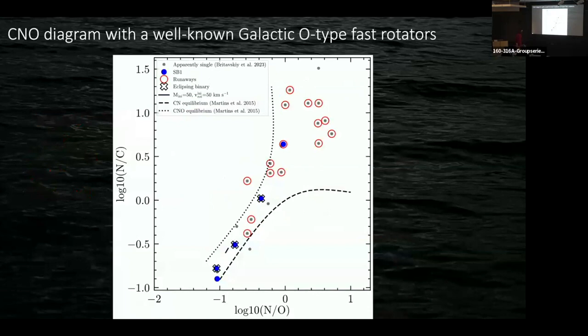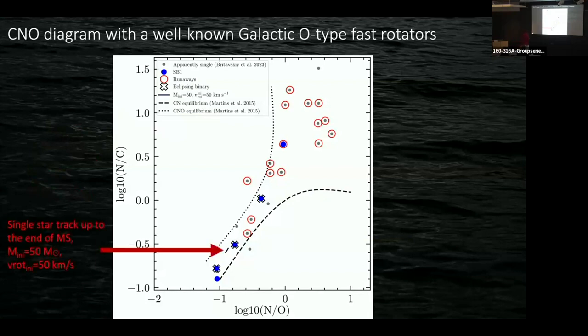Helium is okay, but if we also put all the targets on the CNO diagram, there are a lot of interesting things going on. We see that in the right top corner there are very enriched stars, and I also put here a single track evolution with a very slow initial rotation.